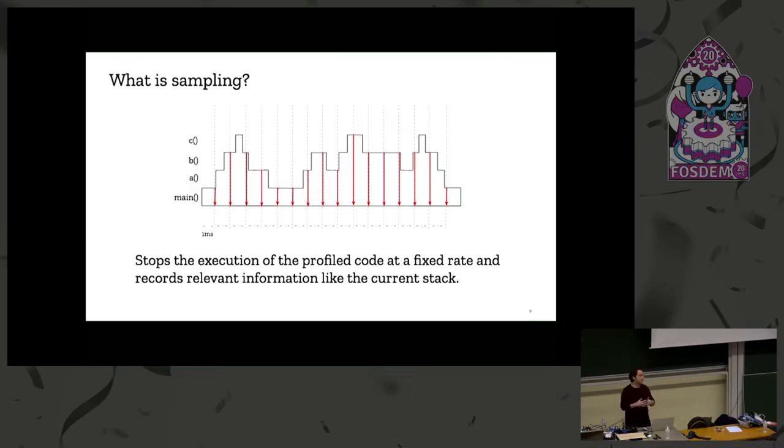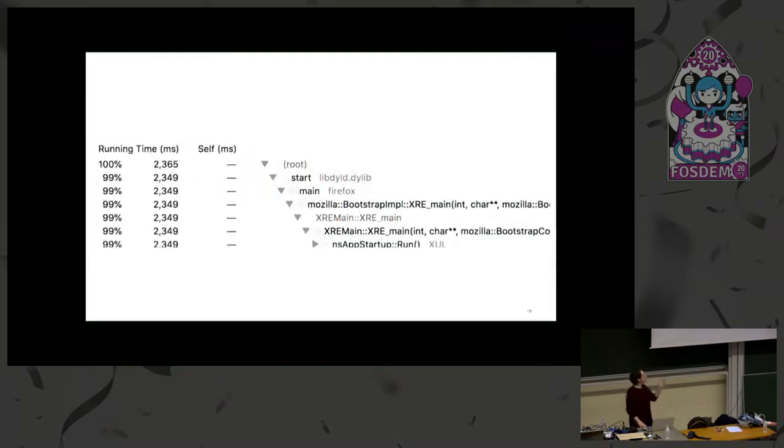And once we have that, we aggregate those data, and we create something like this, a call tree. This is an example from Firefox, actually. There's a main function, and from the main, there are other calls.